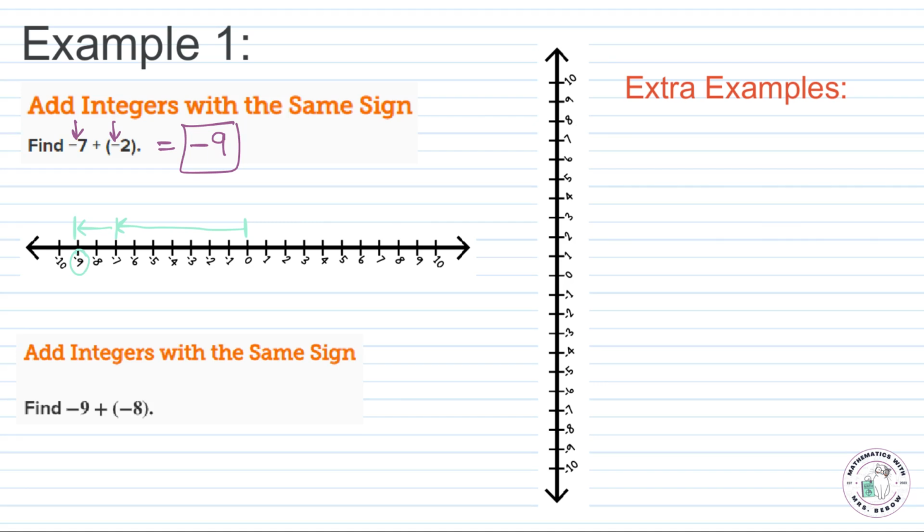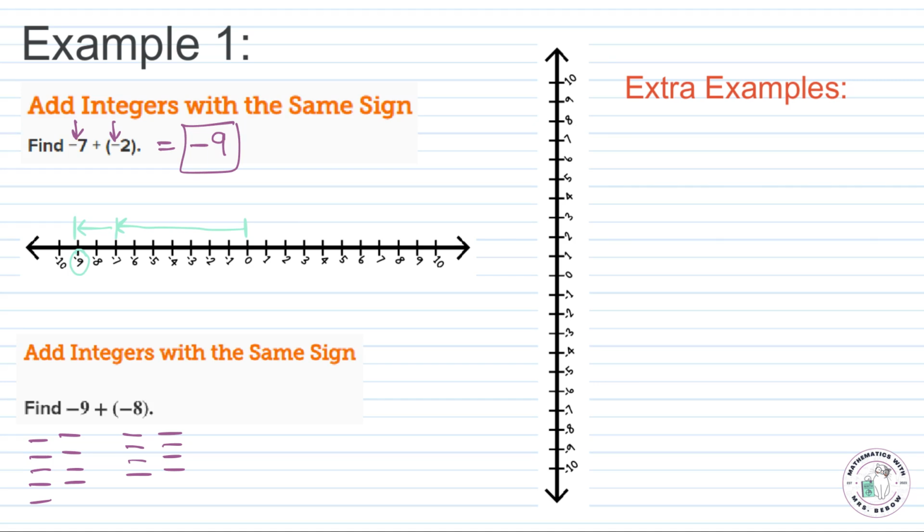Another way that you can think about adding integers too is just even thinking of what are called integer tiles. And so with integer tiles, this bottom example here, -9 plus -8, if we have 9 negatives and we have 8 more negatives, nothing is canceling out here, right? When we talk about different signs, we'll talk about how there's these 0 pairs that cancel out with one another.